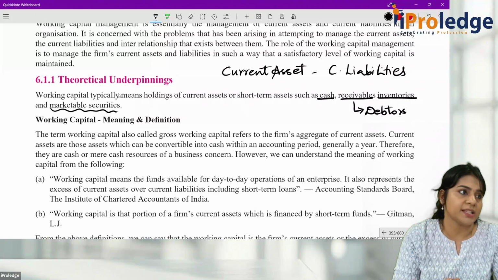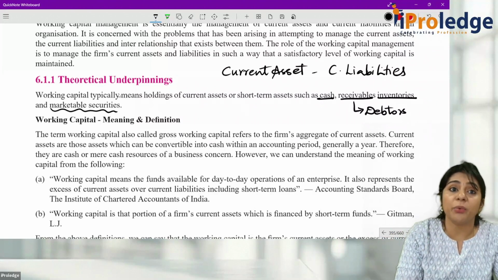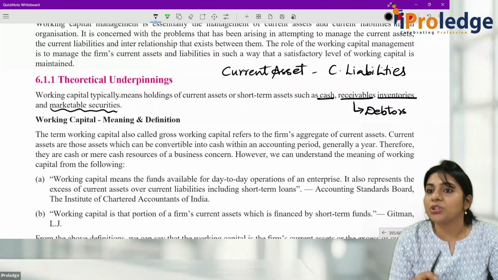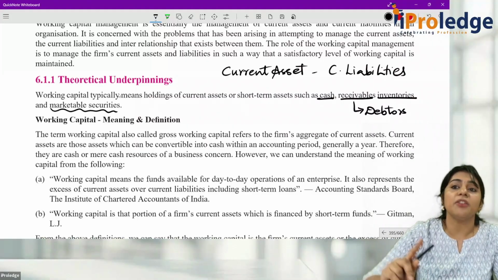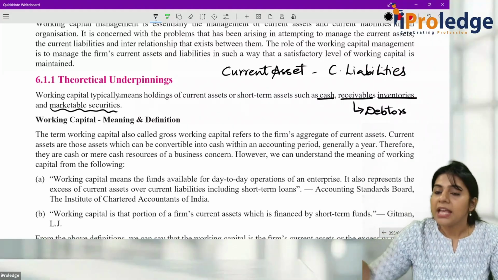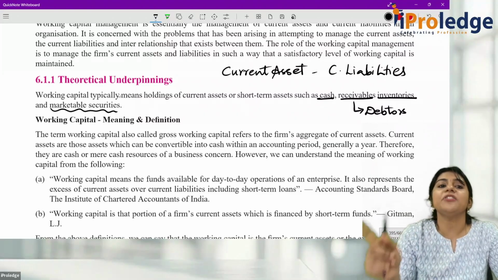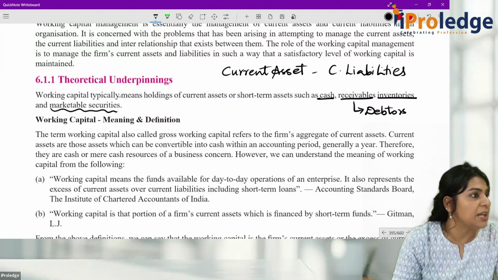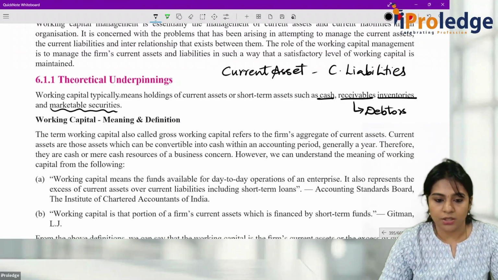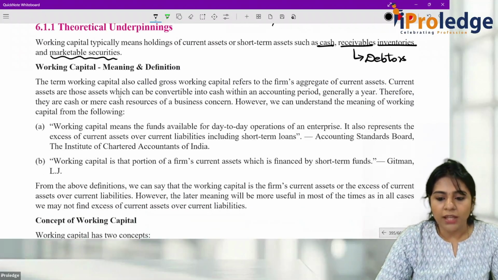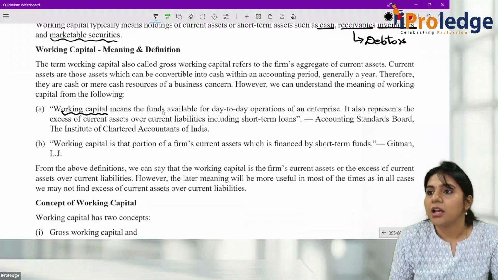Marketable securities are your shares. If you're buying and selling shares, and if that is part of your inventory, then that will only be counted in your current asset. Otherwise, it won't. Investments are generally held with a long-term objective. These are the securities which are held for a short-term objective. Only if it's a short-term objective investment will it be counted under current assets. Sorry, otherwise not.